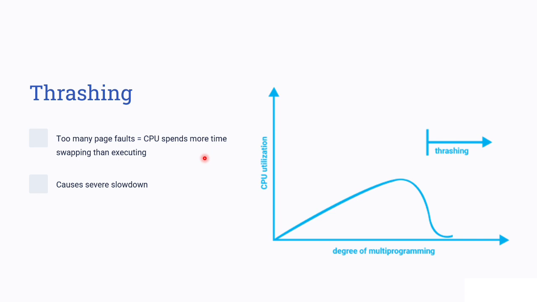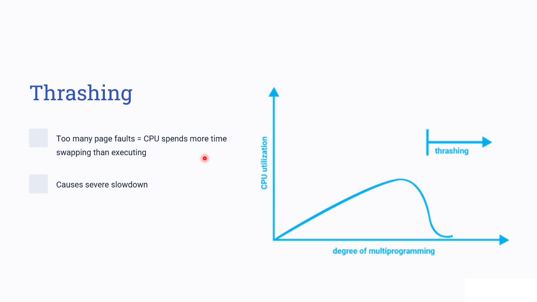So it has to swap pages, use page replacement algorithms. This is called thrashing. Thrashing slows down the entire system and is something the operating system tries to avoid by adjusting page allocations. So this is thrashing. I hope you might have understood it. This is all about page fault.